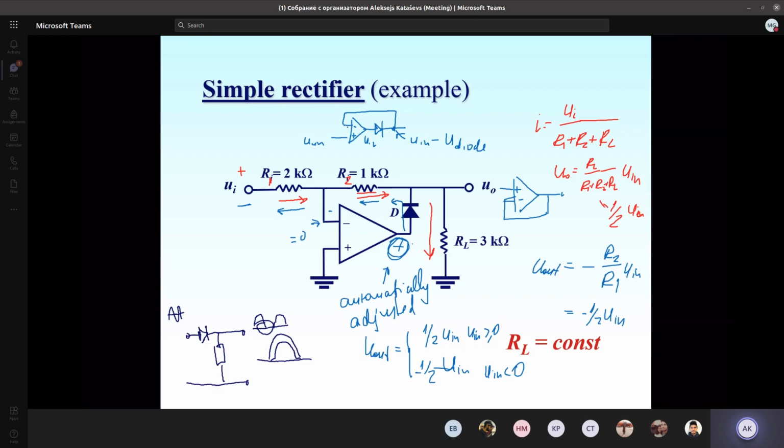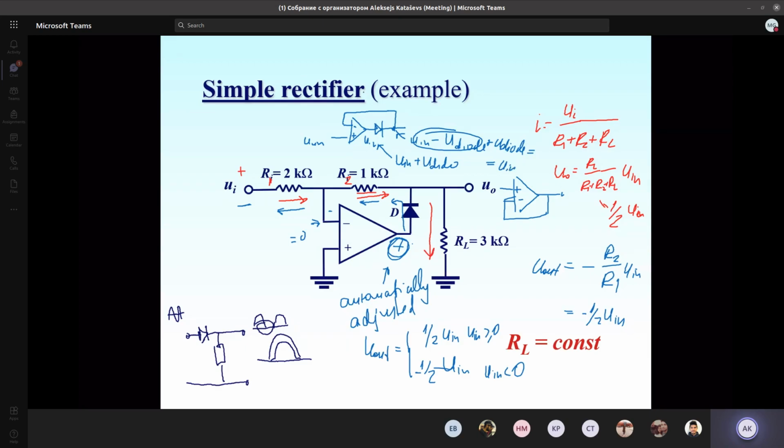The amplifier tries to equalize these voltages. That's why it raises its output voltage up to U in plus U diode. And due to this, the voltage here will be U in minus U diode plus U diode. As a result, we get here just U in.